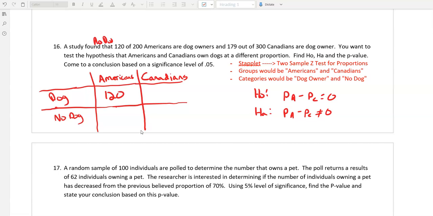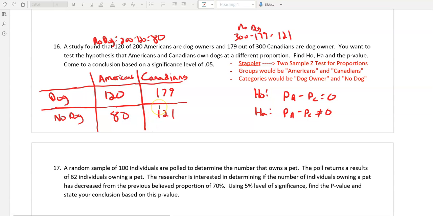That would be 200 minus 120, which is 80. And the Canadians would be 300 minus 179, which is 121, would not own a dog. So it would be 179 do own a dog, and 121 do not own a dog. And I want to test and see if these two proportions are different.